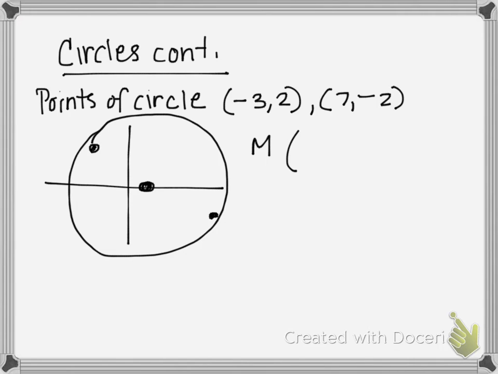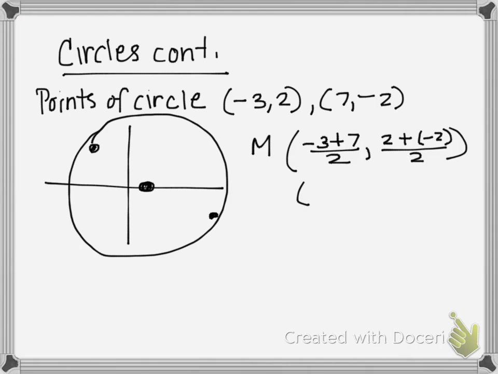And again, from geometry, that would be the sum of these two divided by 2. I should say sum, actually, okay. And then the sum of these two, 2 plus -2 divided by 2.